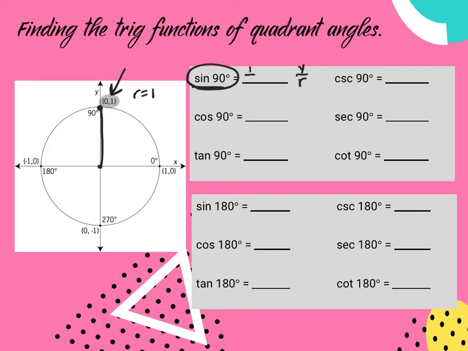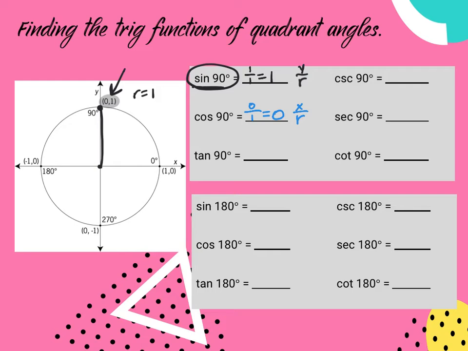What's the r there? 1. The good news is with these unit circles, you actually don't have to have the r. Sine is just y. Now cosine is the x over the r. What's the x at 90 degrees? 0. What's the r? 1. The cosine is just 0, which is the x coordinate.